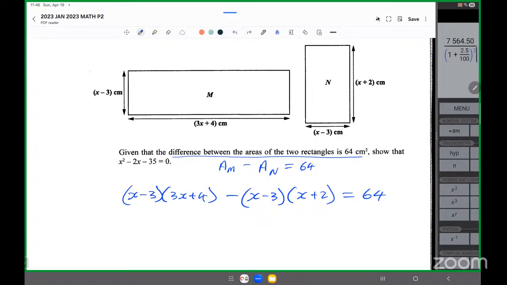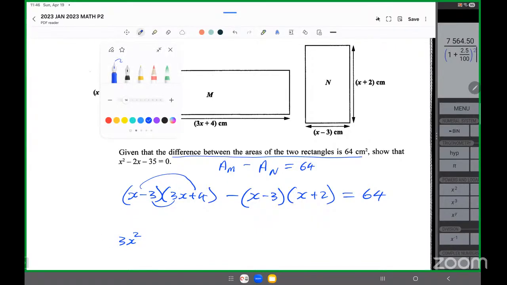So let's say we're going to expand this side first. Let's expand this double bracketed term. Remember, it is the first term times the first term, which is 3x squared. Then the middle term is the far product and the near product.